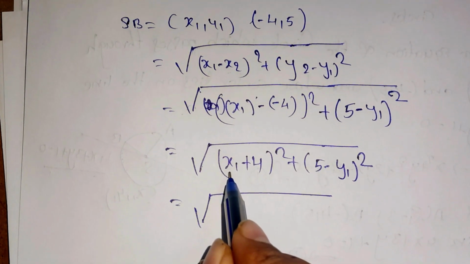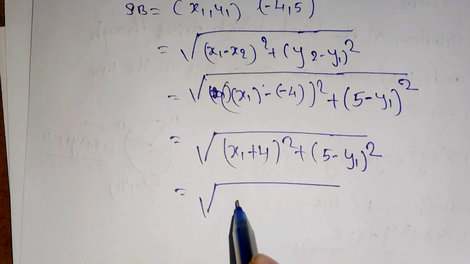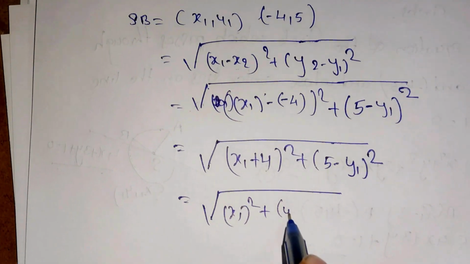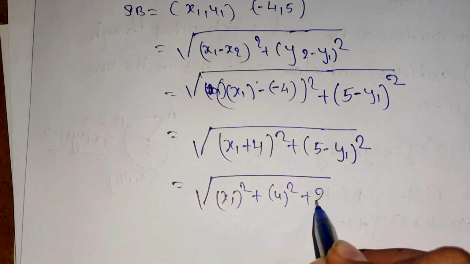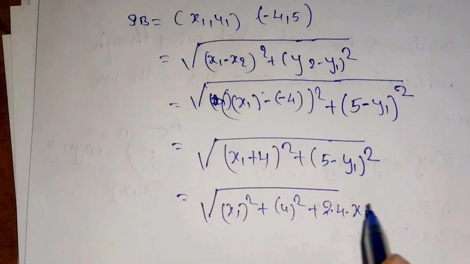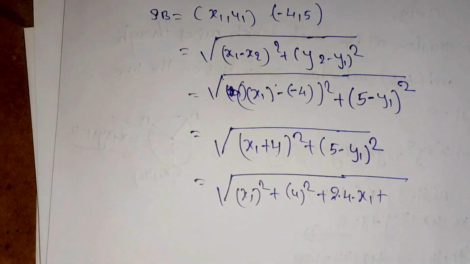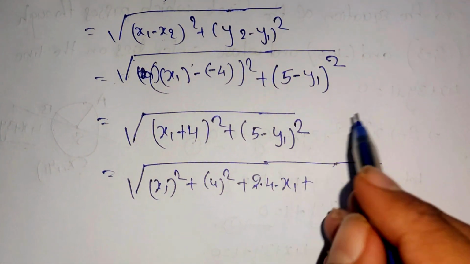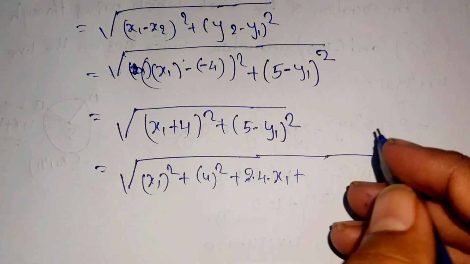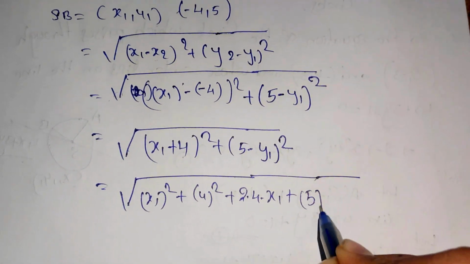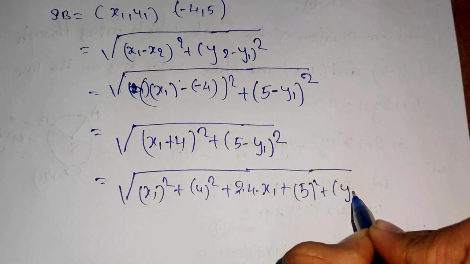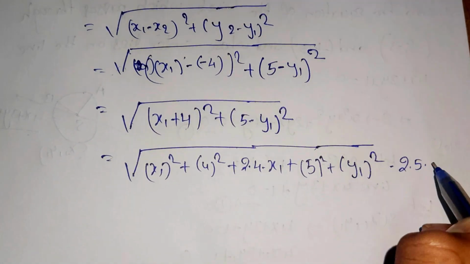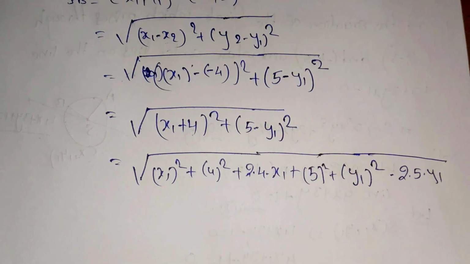x1 is in the place of a, 4 is in the place of b. Now a square becomes x1 square, b square becomes 4 square, plus 2 into 4 into x1, and also this is in the form of a minus b whole square. What is that? 5 whole square plus y1 whole square minus 2 into 5 into y1.